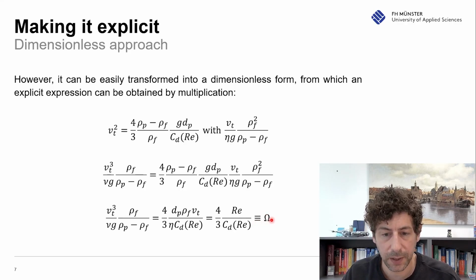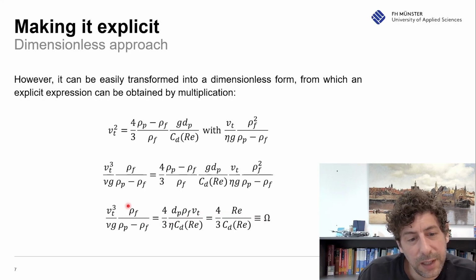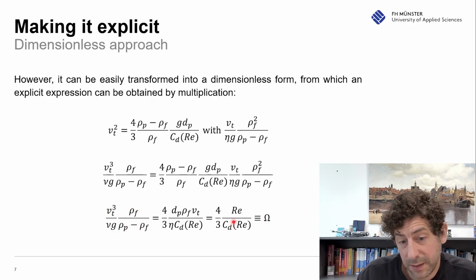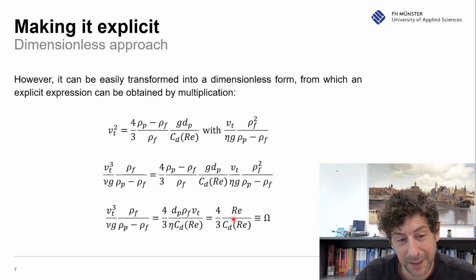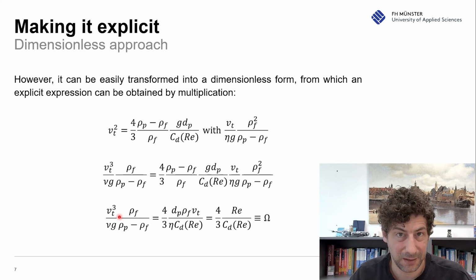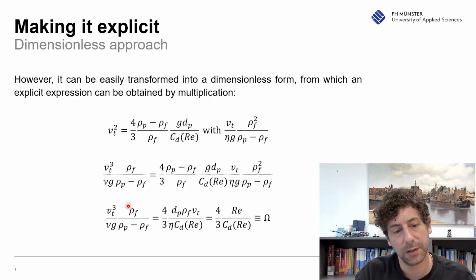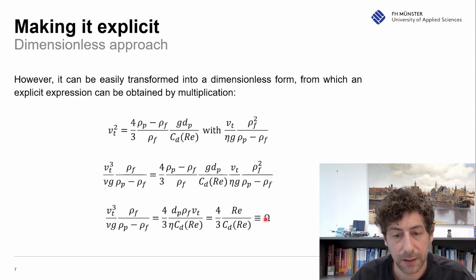And the omega number, omega here, is now a function, and now you can take a close look into this equation here. This is the omega number, similar as this is the omega number, all are the same, right? And here we have an expression where we have the velocity of the particle without the diameter. So now we have a clear, easy expression to calculate the velocity of the particle without needing to know the particle size for this number.